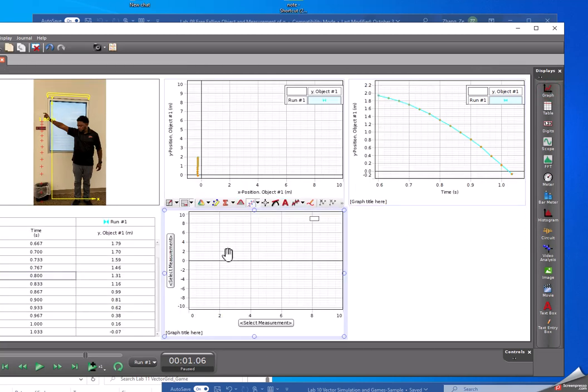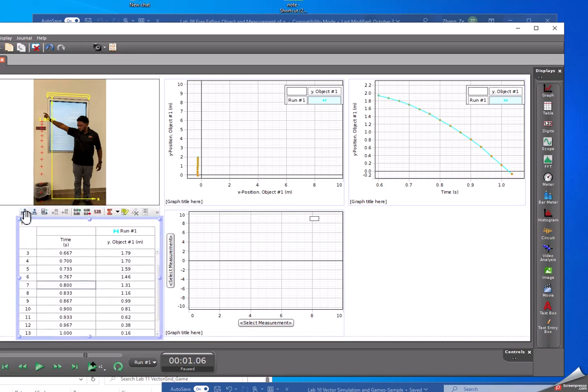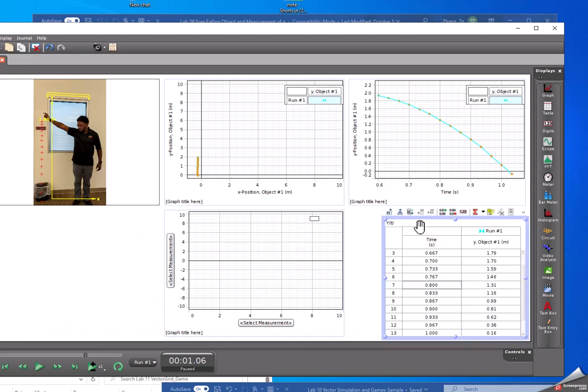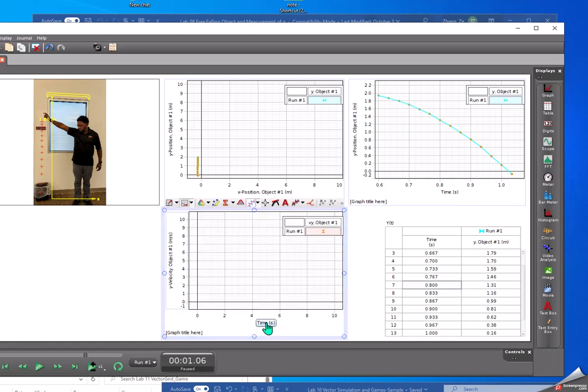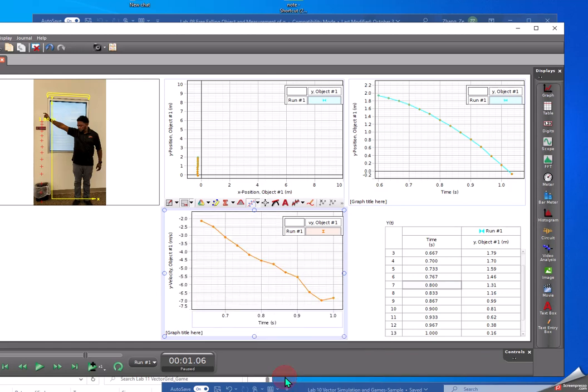So here is a new graph. So you can organize this to different locations. In fact, I think it will be very good. So move this over here. So that is the position, that's its table, then the velocity. I would say y velocity, choose y velocity, and then versus time. So then time will be this.